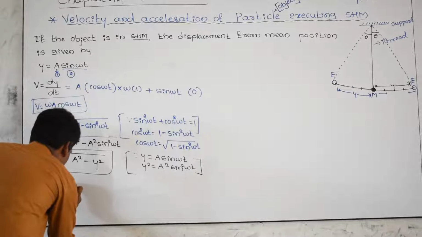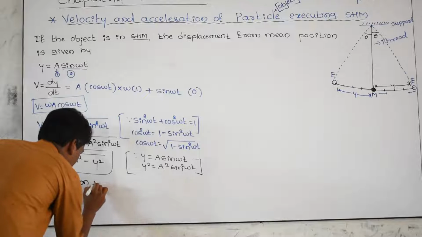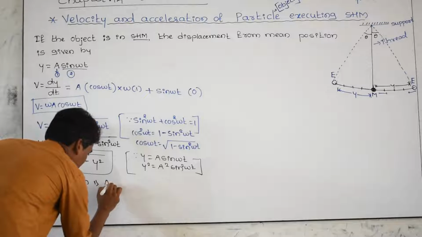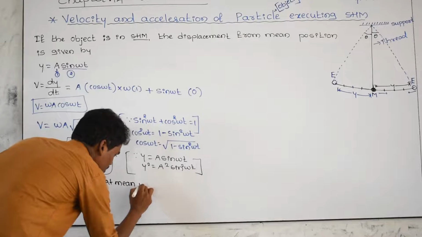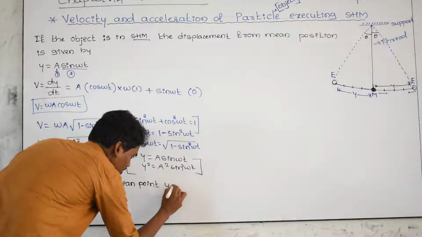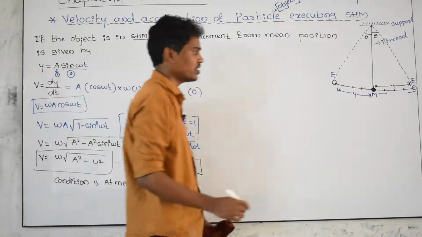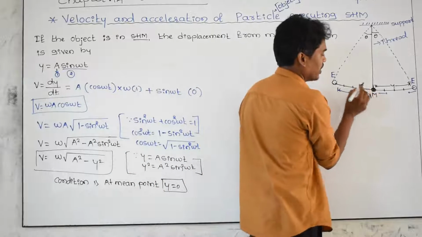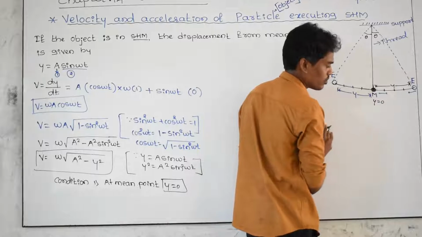What are those conditions? First condition, at the mean point, displacement y is equal to 0. What is the mean point? This is the mean point. If the object is at this point, displacement is equal to 0.